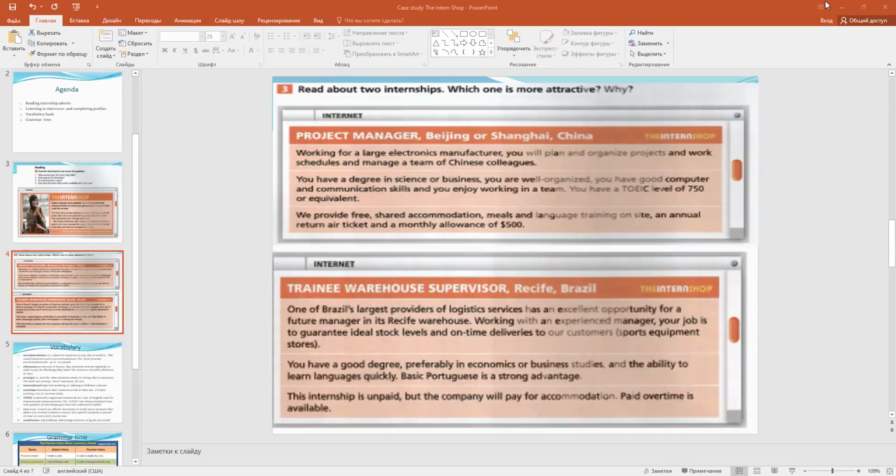Who else? Thank you for your answer. Can I, teacher? Yes, you can. My group mates and I have also chosen the first one because I felt there were more opportunities. They provide us accommodation, meals, language training, return air ticket, and so on.